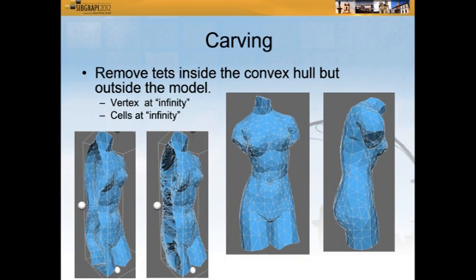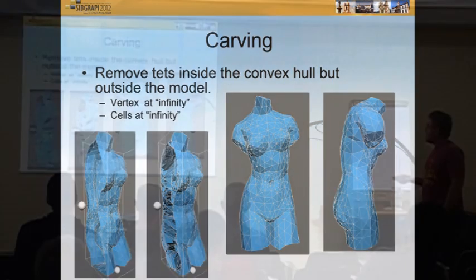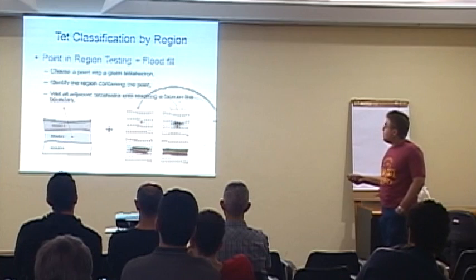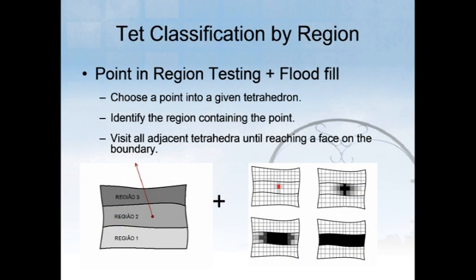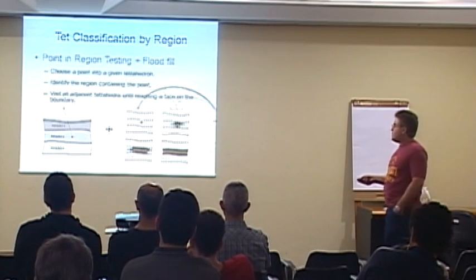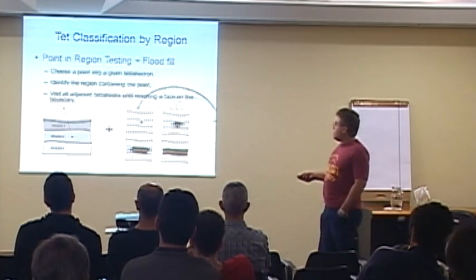The carving step is just a step to remove the tetrahedra inside the convex hull, but outside the model. And finally, we have a classification step where we need to classify each tetrahedron according to the region it belongs to.